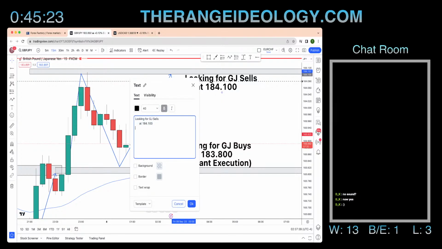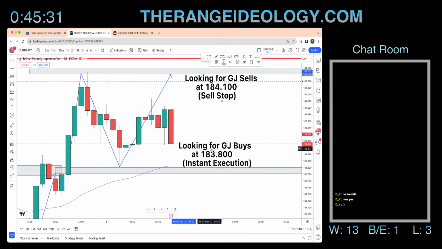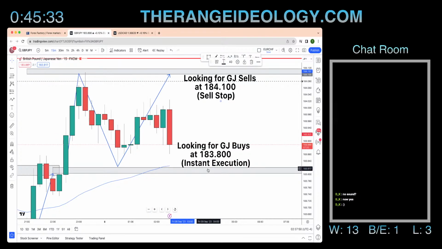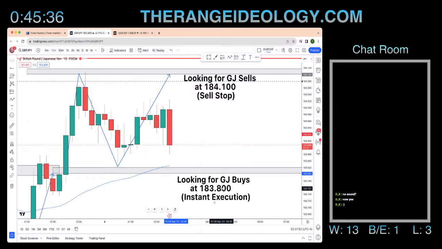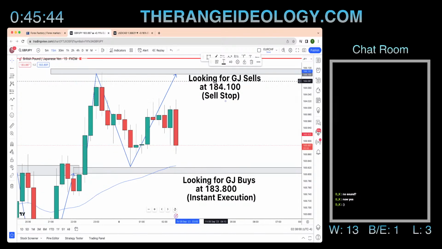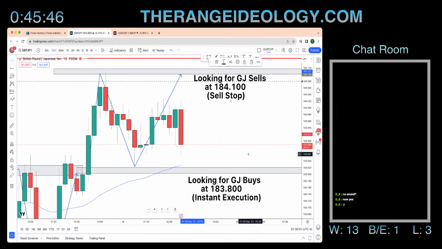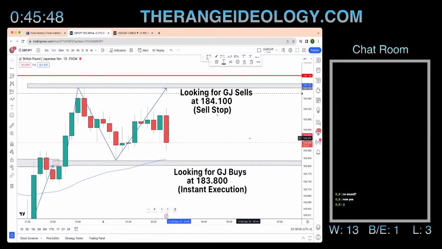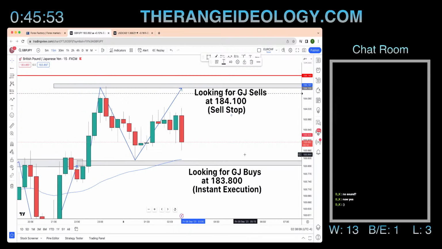So this would be a sell stop. Yeah, right here. All right, let's see how price reacts here.